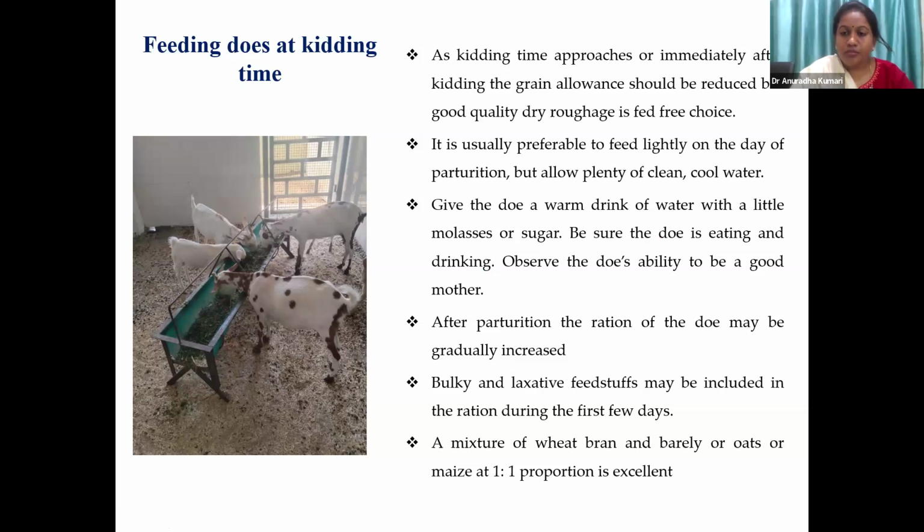Be sure the doe is eating and drinking properly, and observe the doe's mothering ability. After the kidding, the ration of the mother is increased slowly. It is better to include bulky and laxative feed in the ration of the mother immediately after the kidding.